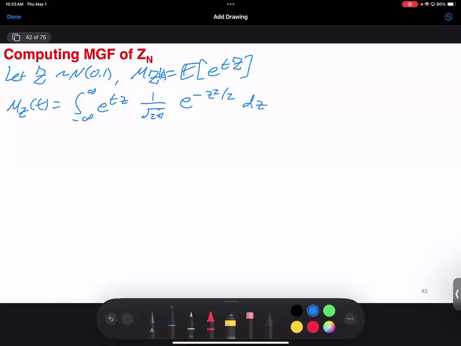So let's look at the exponent. The exponent is negative z squared over 2 plus tz. I'm going to pull out a minus a half, and I'll have z squared minus 2tz. Is that correct?